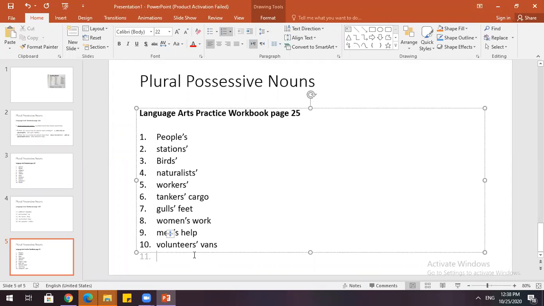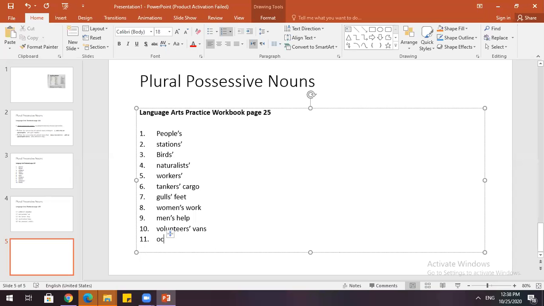Oceans' water. Excellent. Okay, oceans. Right? What do we add? Apostrophe. Apostrophe. Very good. Oceans' water. Thank you.